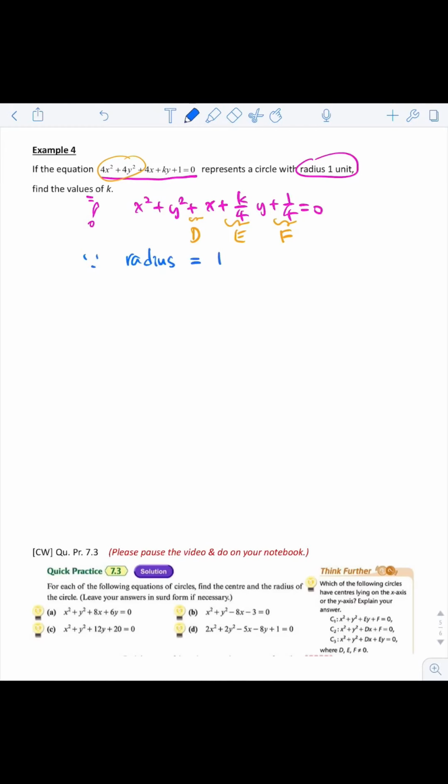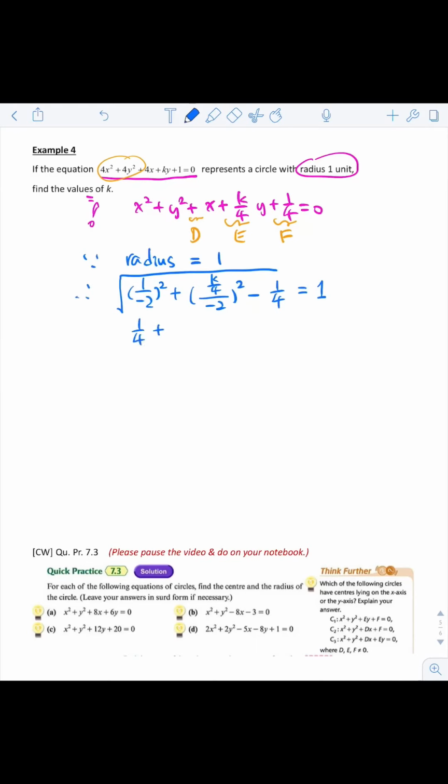So you are given that the radius is equal to 1. So you have the square root of 1 over -2 whole squared plus E over -2 whole squared minus f equals 1.